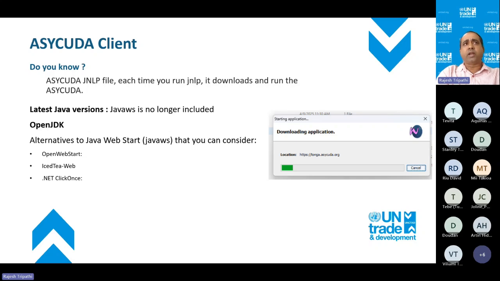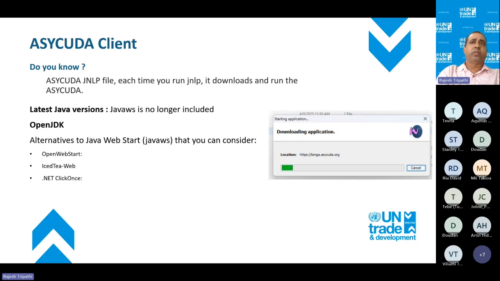So the industry has come up with an open source solution to this, which is called OpenJDK, freely available to use, and it is also packed with an open version of Java Web Start, which is commonly known as Open Web Start, or you can use another one that is very popular, IcedTea-Web, which is a re-implementation of Java Web Start, and it is compatible with several JDK distributions and supports JNLP.